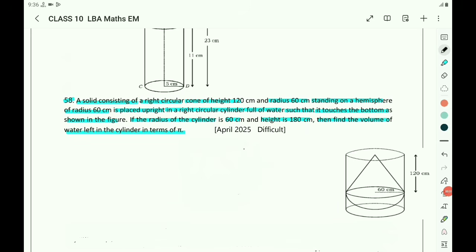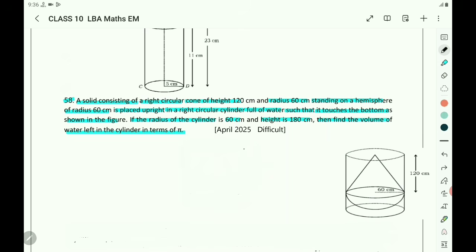Volume of water left in the cylinder is equals to volume of the cylinder minus volume of the solid which is kept inside the cylinder. For each cone, cylinder and hemisphere, r is same, and height of the cylinder is given and height of the cone is also given.